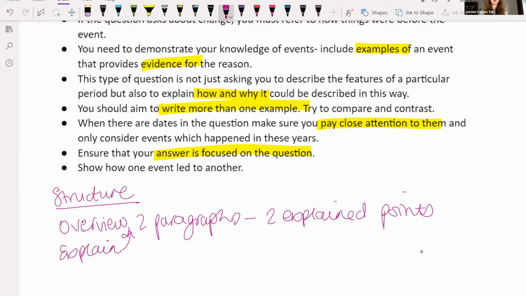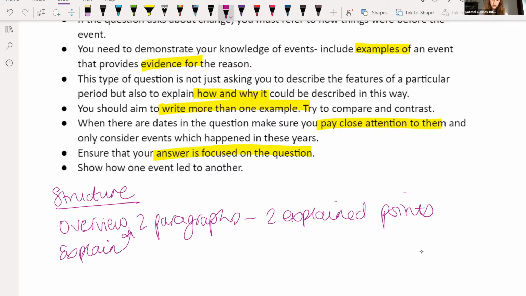I remember the first time I ever gave a write an account question to one of my classes in 2016, when this exam had first started, and one of them wrote me a diary entry, because write an account sounds like a describe question or tell me everything you know about this process, but actually it's not like that, it's 2 explain points with an overview.